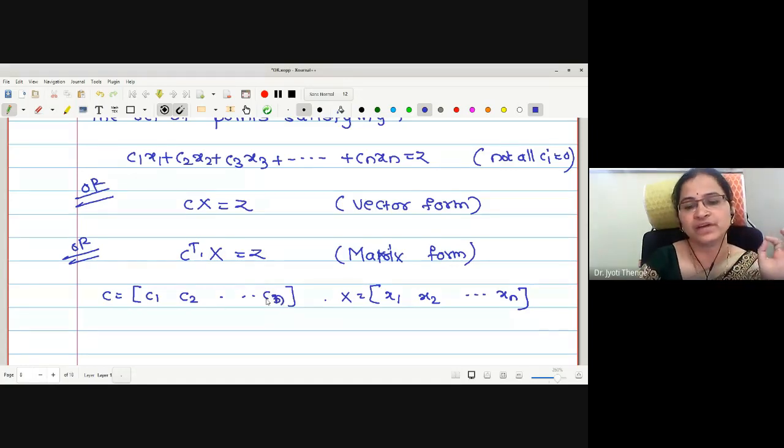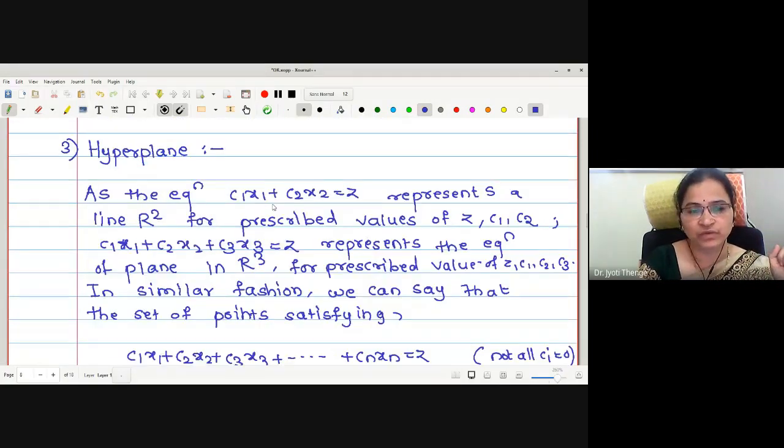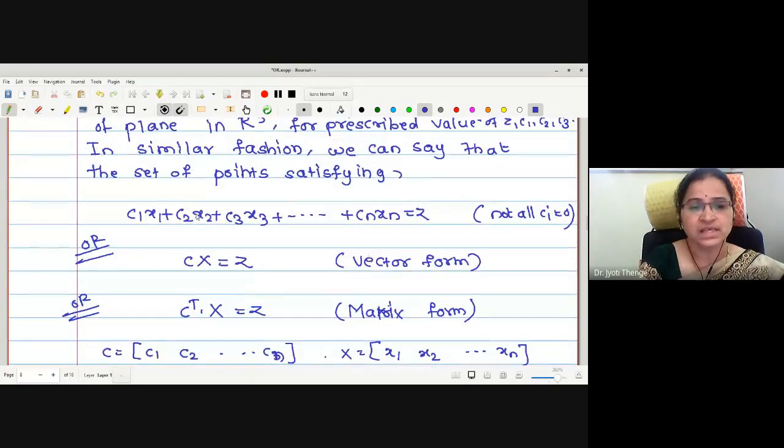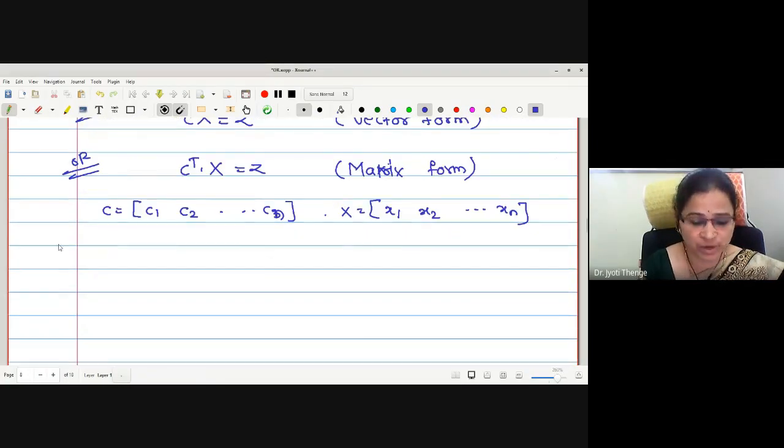Okay, therefore what we have done simply: the equation c1x1 plus c2x2 represents a line, c1x1 plus c2x2 plus c3x3 represents a plane. Therefore, if we generalize this to n-dimensional spaces, c1x1 plus c2x2 plus c3x3 up to cnxn is equal to z is going to represent one kind of plane, and this is called a hyperplane.